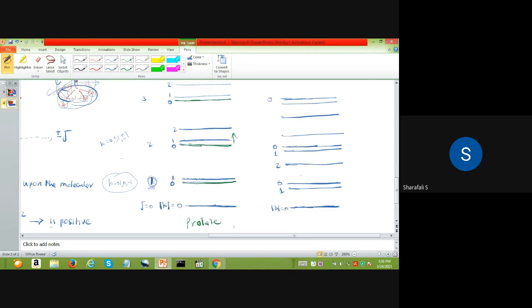Then this case is 0, 1. Because when the quantum number K comes, it will decrease the energy level as compared to K equal to 0. So the energy level will be like this for the case of oblate.